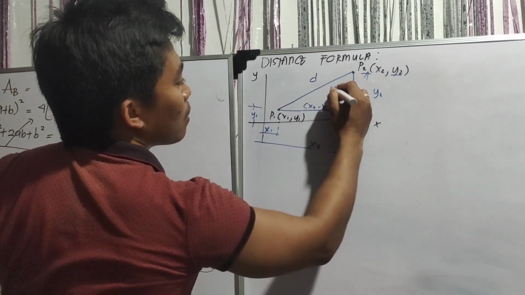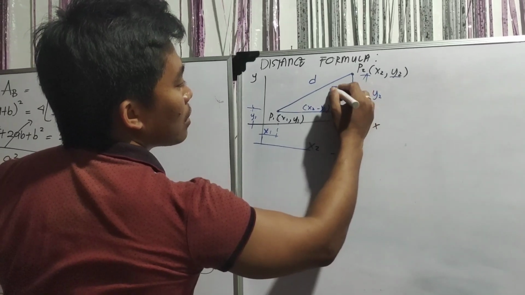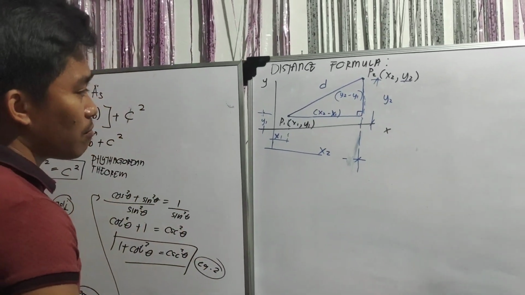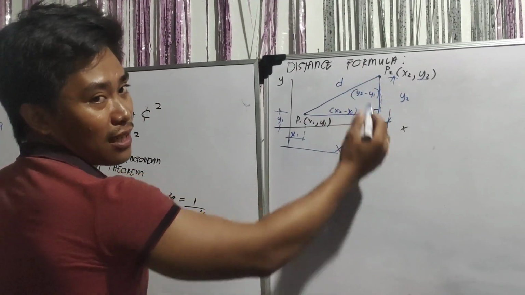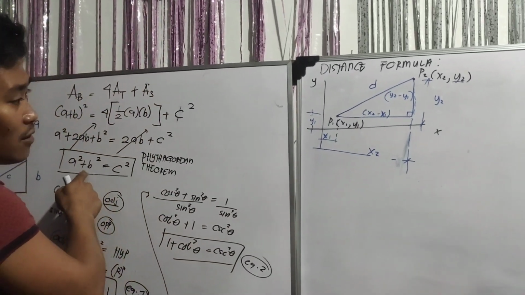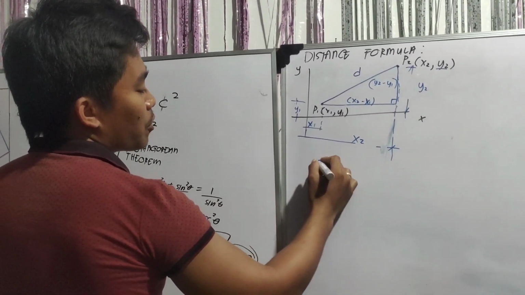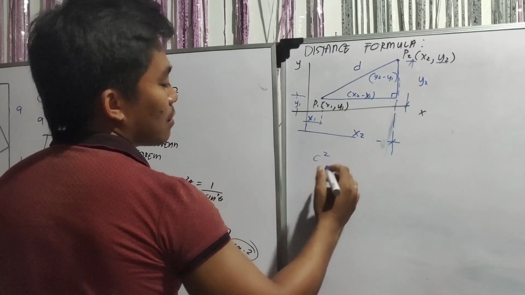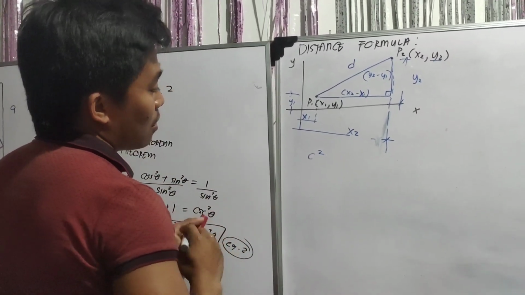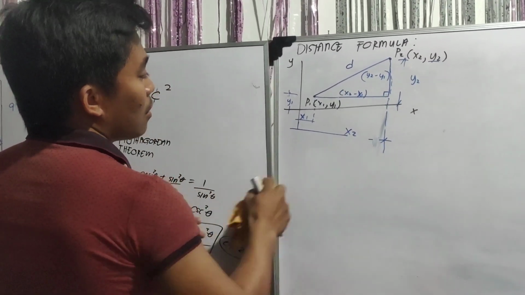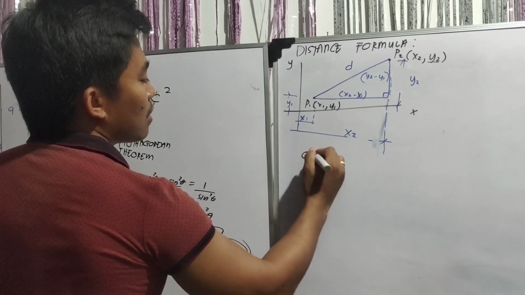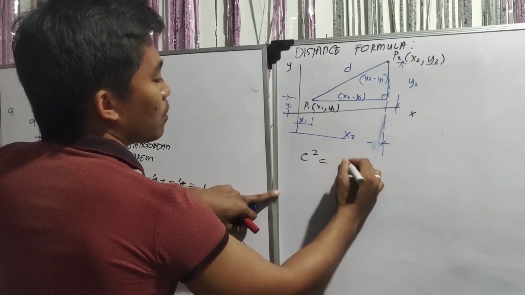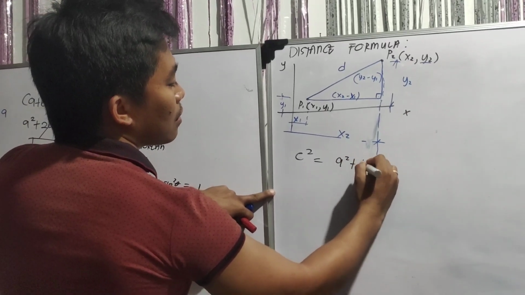Now, you can see it's a right triangle, so apply this. Supposedly, that is c squared is equal to a squared plus b squared.